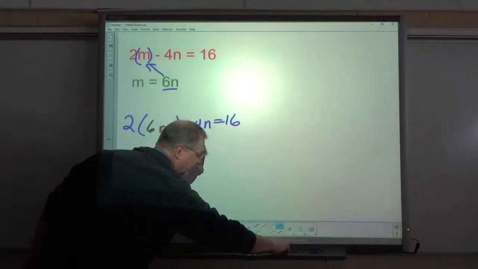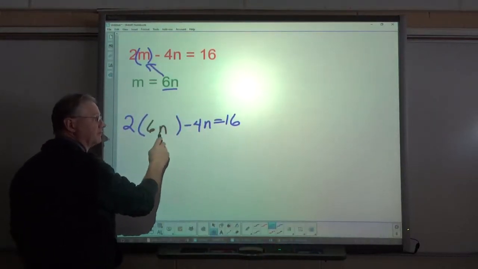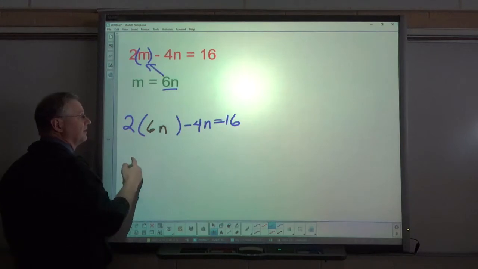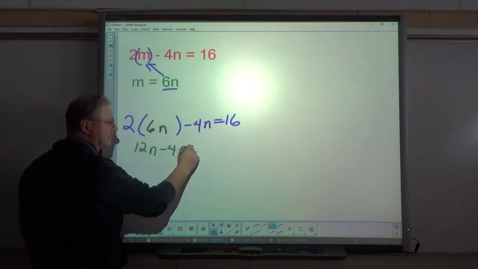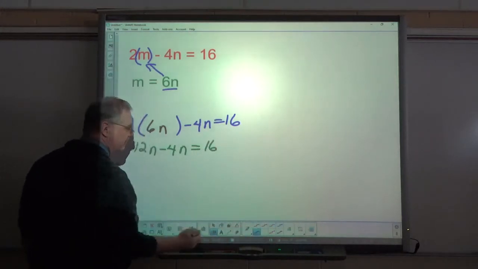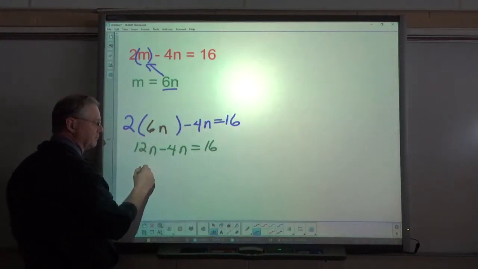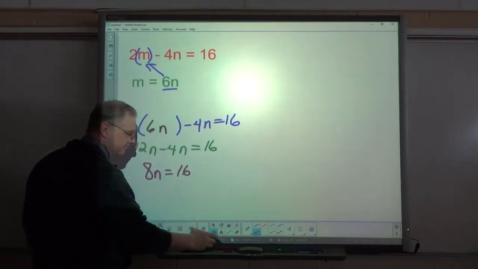Now I only have one variable type, n's, in one equation. 12n minus 4n equals 16. I'm going to combine these to give me 8n equals 16.